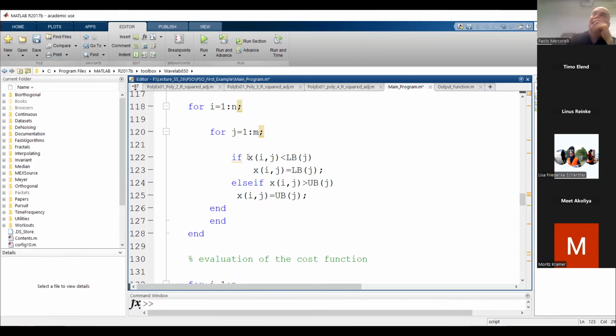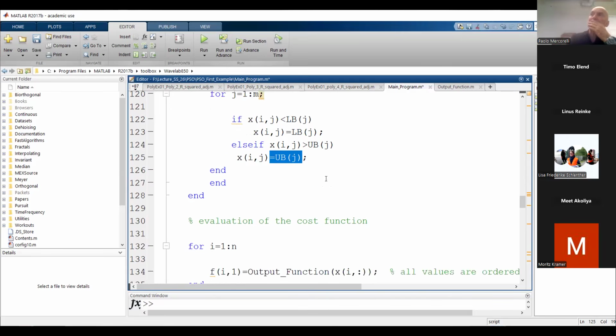Basically, if X is outside the boundary, I put the boundary because I am searching just between LB and UB. Now, the problem is here, if I am on the boundary, this means I don't have the minimum, or better to say the relative minimum. This means that we have to reset the boundary. We can do something also different, but I will tell you probably next week.